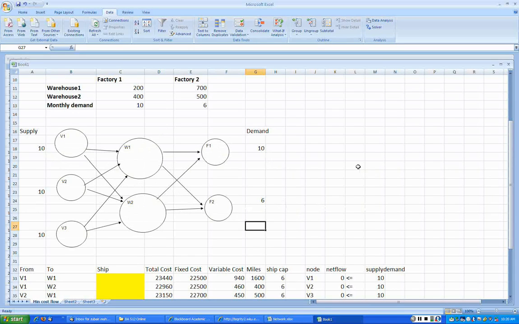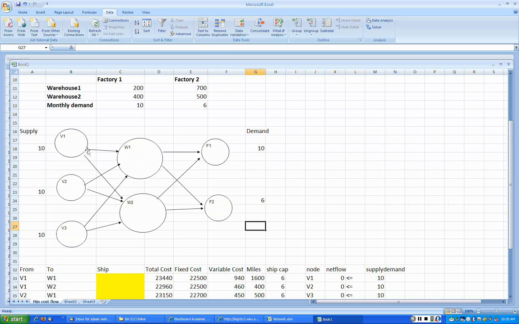The distribution network says vendor 1 can supply to both warehouses, likewise vendor 2 and vendor 3, and both warehouses can supply to both factories. On top of that, the problem also states that there is a shipping capacity on each route.